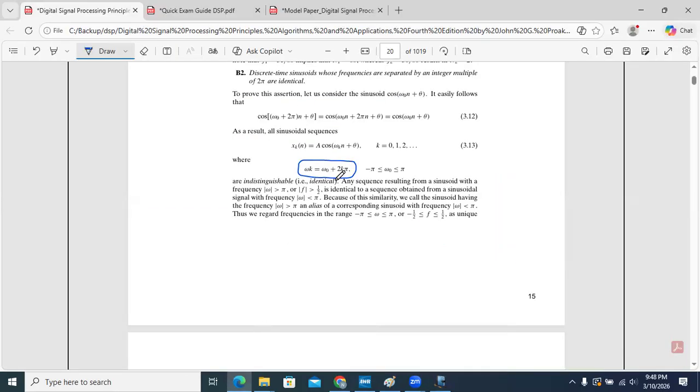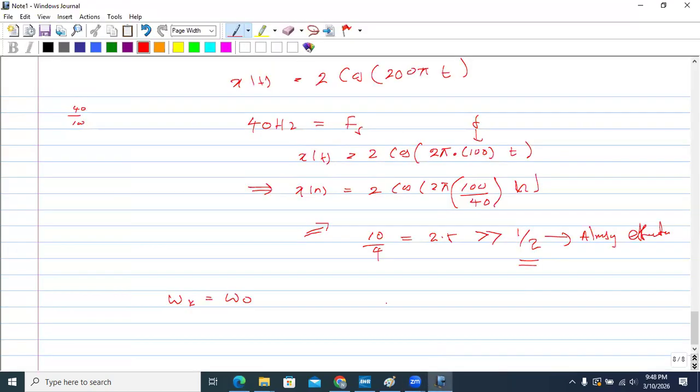K is equal to omega naught plus 2 k5 plus 2 k5 omega naught plus 2 k5. Okay, and if you need to convert this, so this is in omega form.